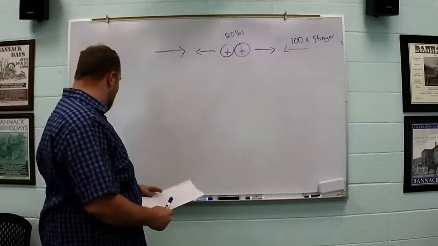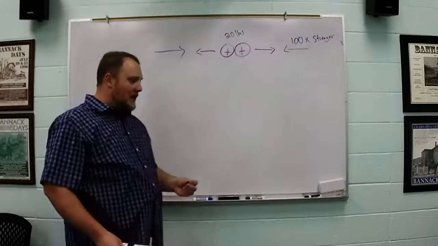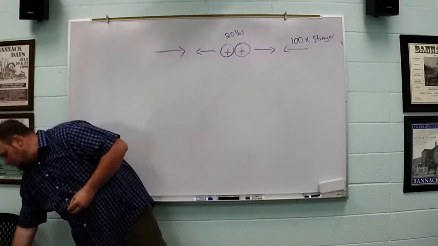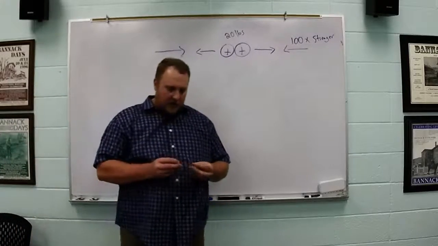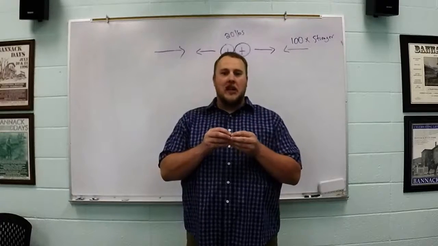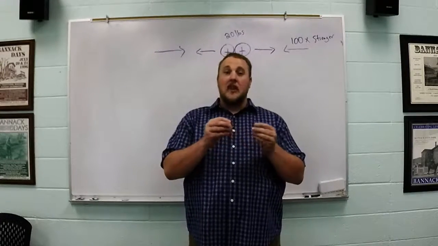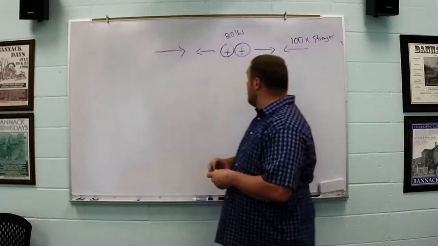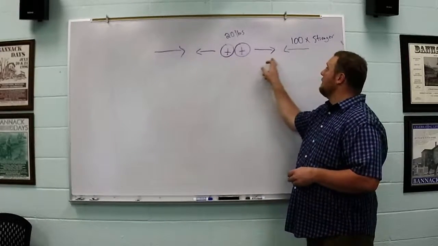So let me demonstrate this using the magnets that we had for your electromagnetic portion. We know that there's a force enacted when we get these close together, right? They don't have to be touching. Just get them close together and they either push or repel. That's the electromagnetic force right here that's repelling.